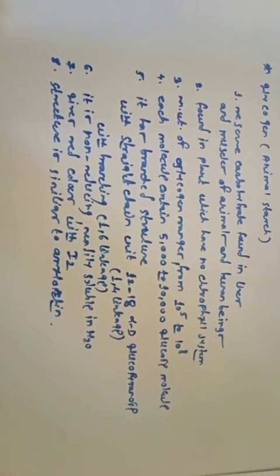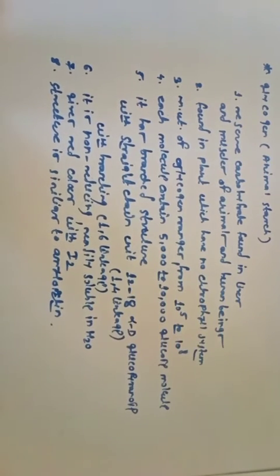So you should keep in mind the different colors of these polysaccharides. Amylose gives blue color with iodine solution, amylopectin gives violet color, and glycogen gives a red color with I2 solution.